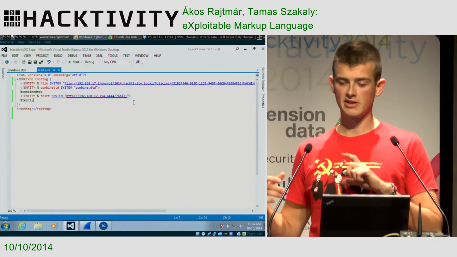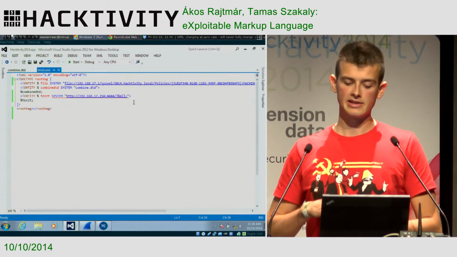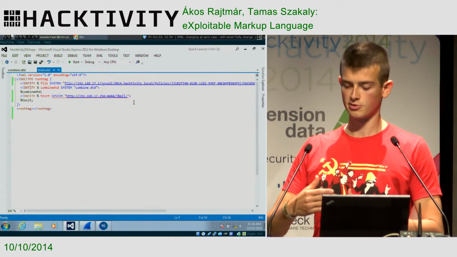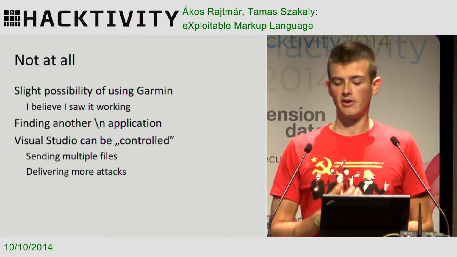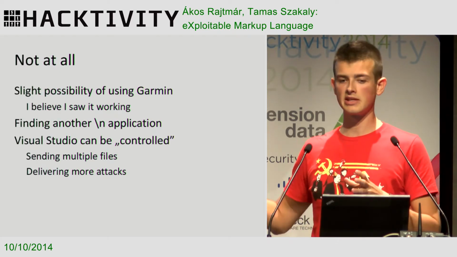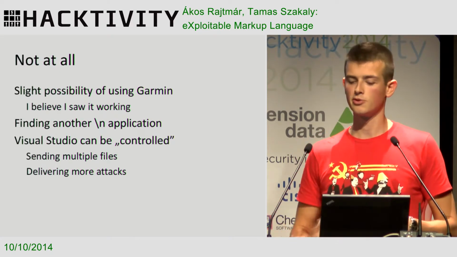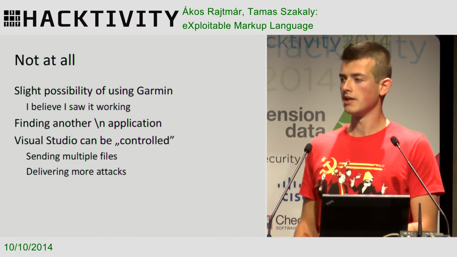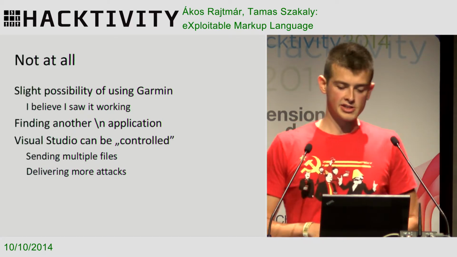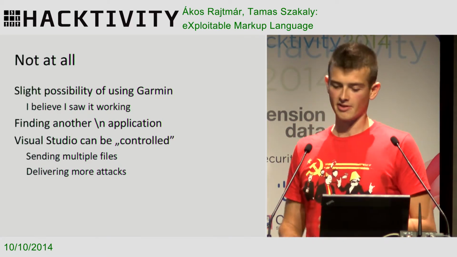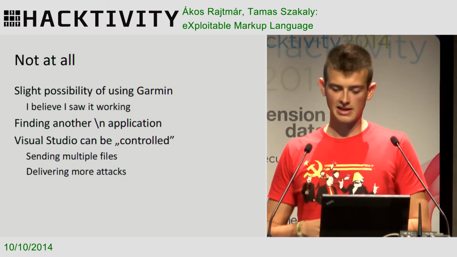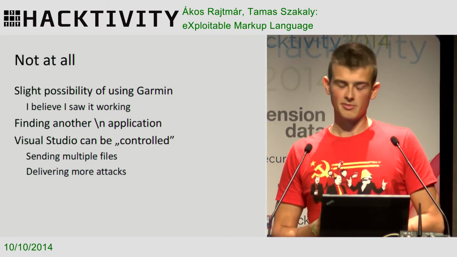And this functionality actually works, and it's also important that it also returns within the DTD, which means that in the return information we can specify another DTD structure, which will enable us to control Visual Studio, sending it new and new DTDs at every turn dynamically, which all can result in additional attacks until the Visual Studio server will just say, I won't take any more of it and stop working.